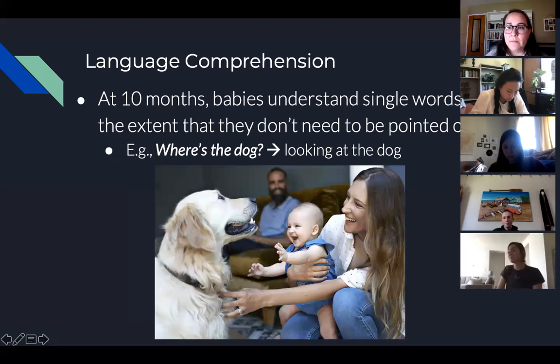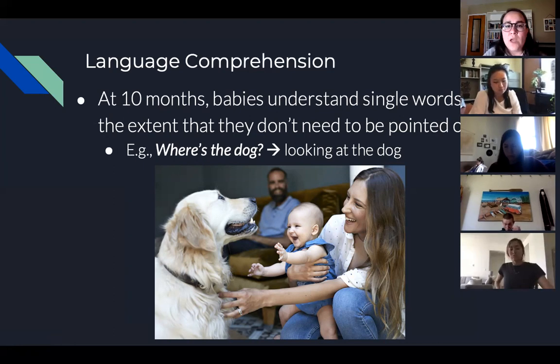And then about a month after that, around 10 months or so, babies start to show that they are able to understand single words, and words that generally in the past had involved some sort of physical cueing, pointing out to the baby, that's a doggy.